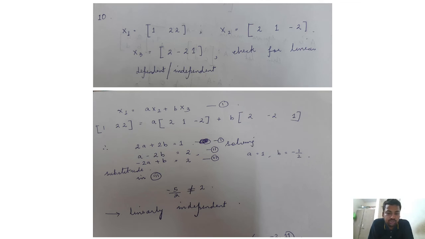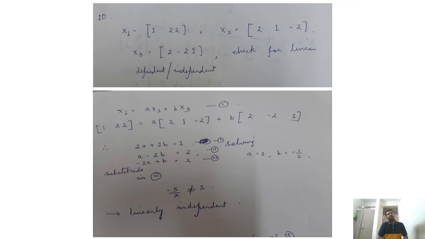Now you replace the constants a and b in equation number 3. When you replace them, the left hand side comes to minus 5 by 2, and the right hand side is 2. Obviously minus 5 by 2 is not equal to 2, so these vectors are linearly independent vectors.